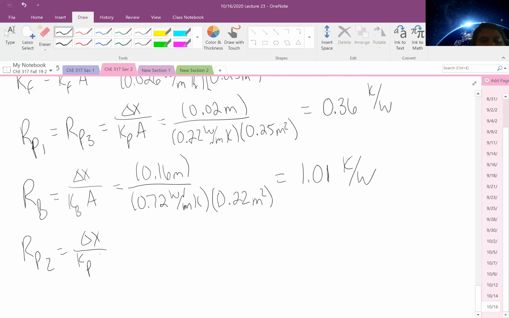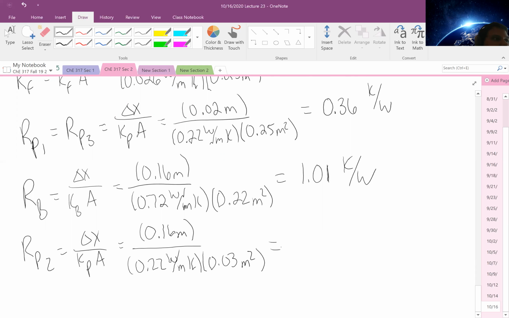The second plaster layer, therefore, makes up the rest: 0.16 meters, 0.22 watts per meter Kelvin, and 0.03 square meters, which gives us a value of, let me double check this, 24.2 kelvins per watt.